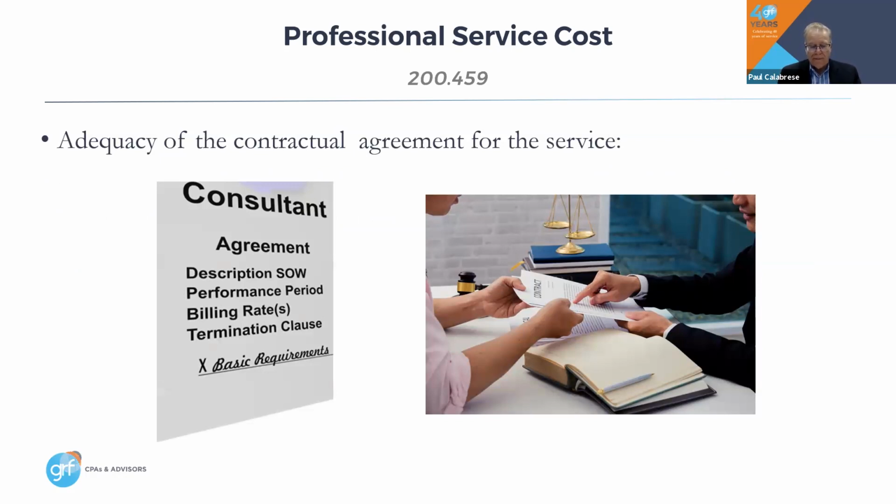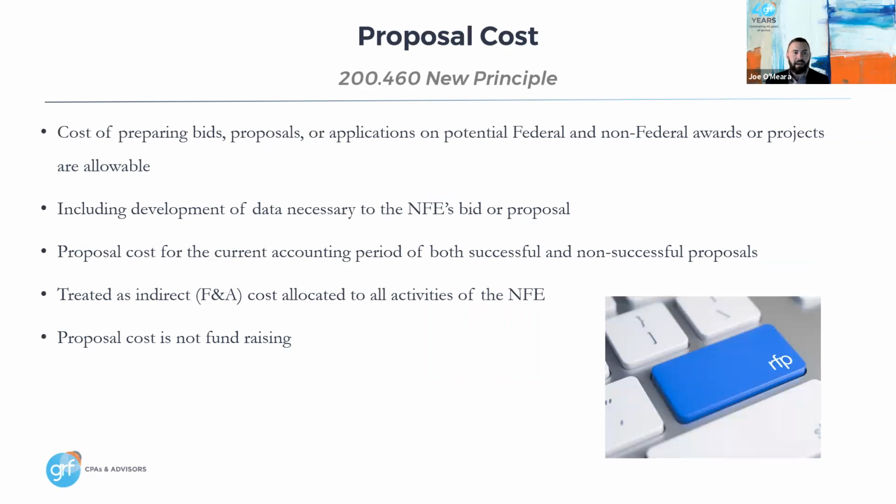Joe? Yeah, so proposal costs, the federal government says, are allowable costs, whether you're proposing on federal or non-federal awards or projects. So of course, these would go in your indirect cost pool. And the key thing to remember here is the federal government is really differentiating between proposal costs and fundraising costs.